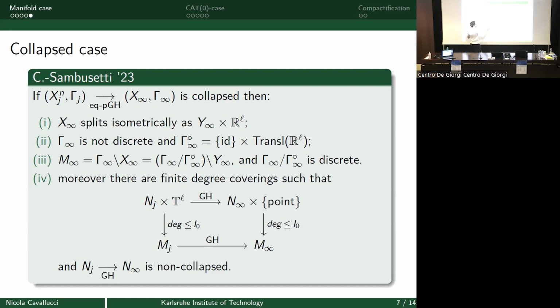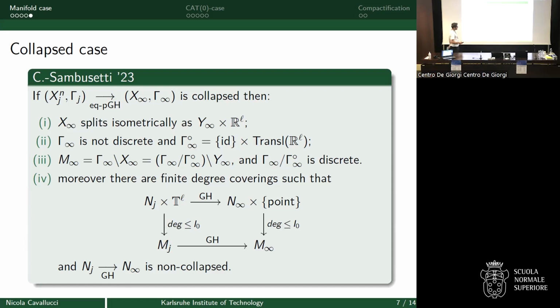So we are erasing the Euclidean part, and then we quotient the remaining space by this group. And in this case, this group, which a priori is only totally disconnected by definition, is discrete. And because of the bound on the index, we have this situation.